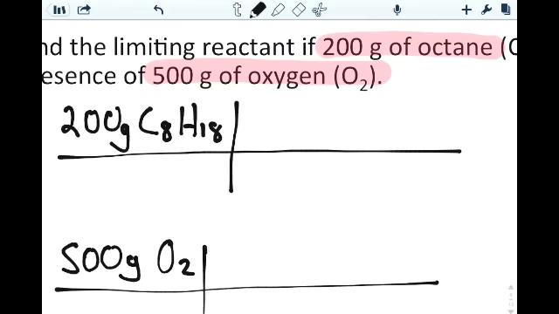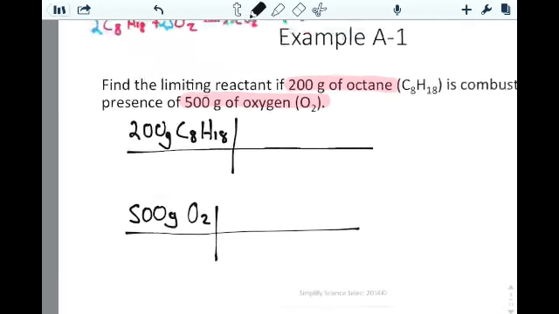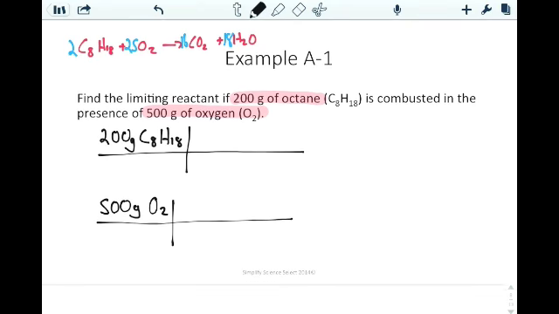Okay, so we need the molar mass of both of these guys. Our octane is going to be right around 114. So 1 mole of C8H18 equals 114 grams.